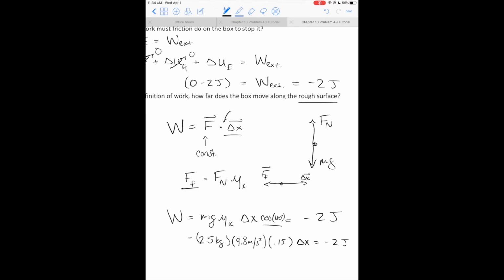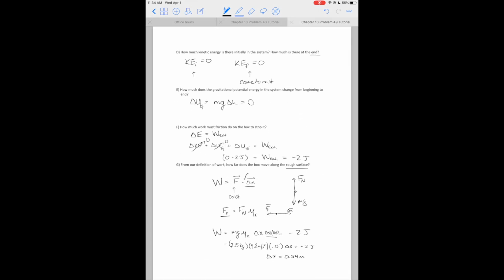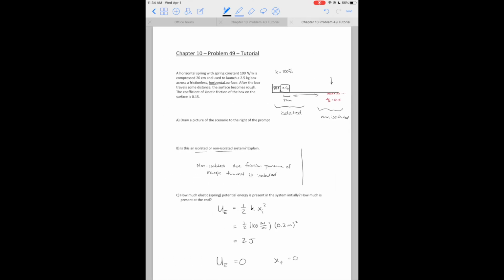If I solve for delta x, negative negative is going to cancel. 2 divided by a quantity of 2.5 times 9.8 times 0.15 should give me delta x equal to 0.54 meters. So that's this problem. I'm going to slide 0.54 meters along this friction-filled area.